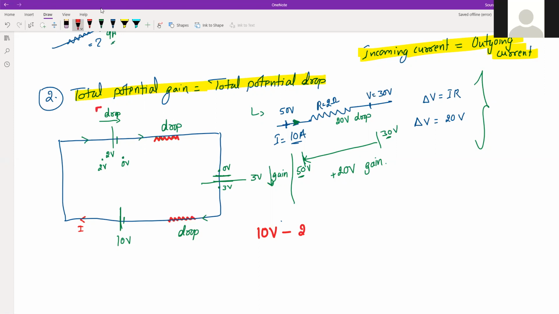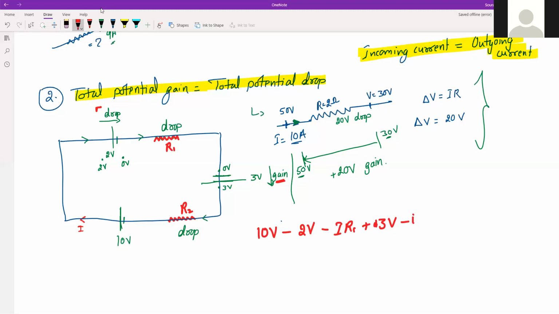Because it is a drop, I am showing it as negative. So 10 minus 2, then minus I into R1, suppose this resistance is R1 and this resistance is R2. Then if you see this one, there is a gain, so I'll show it here as plus 3 volts.